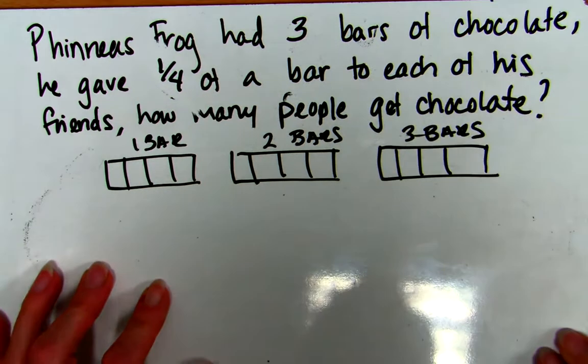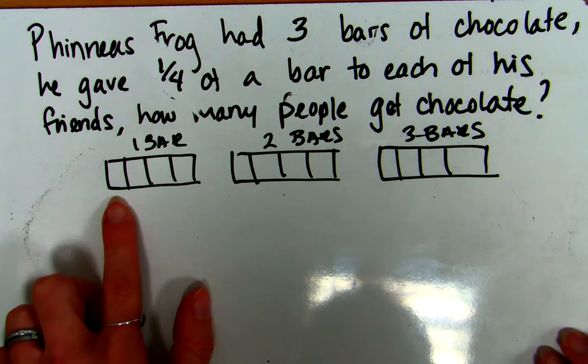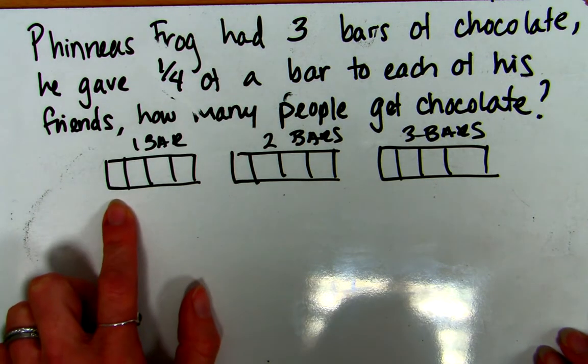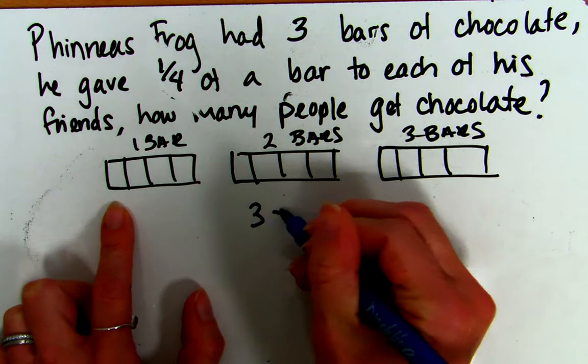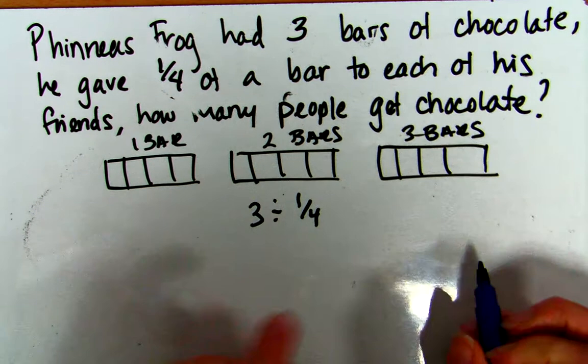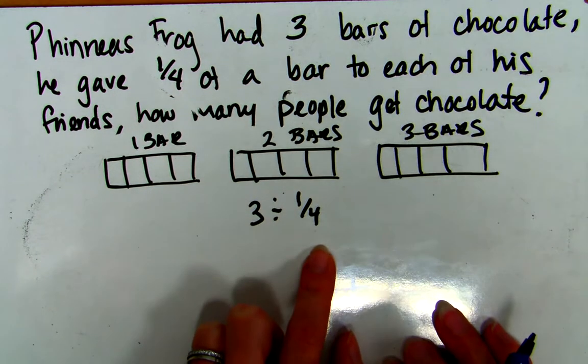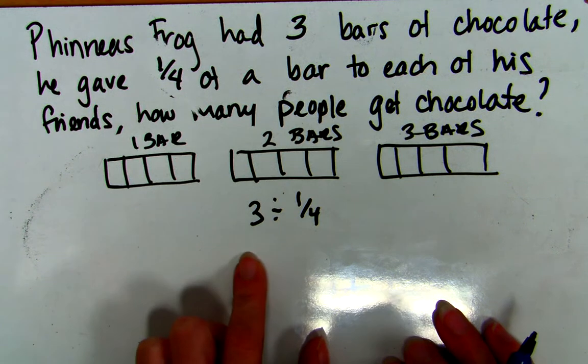I essentially want to know how many times 1/4 of a bar fits into 3 bars. And that's the problem, 3 divided by 1/4. How many times does 1/4 of a bar fit into 3 whole bars? To find this out, we can just count.